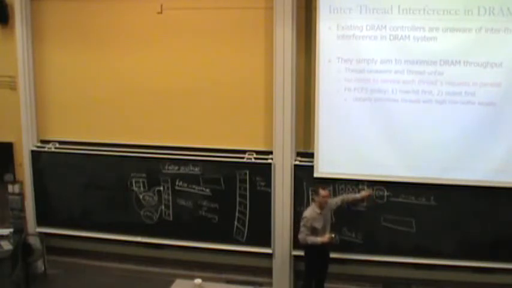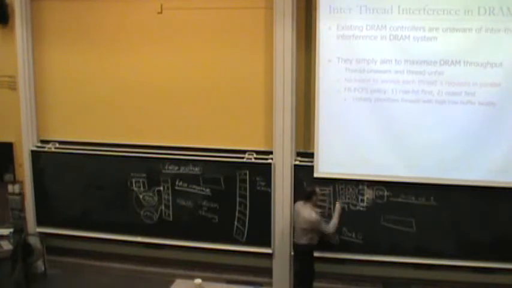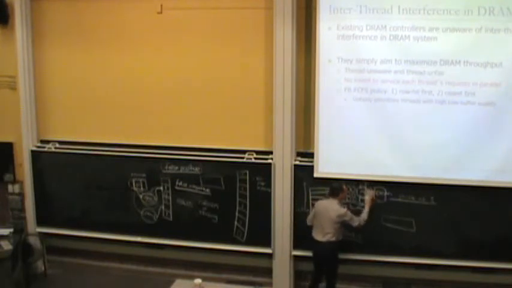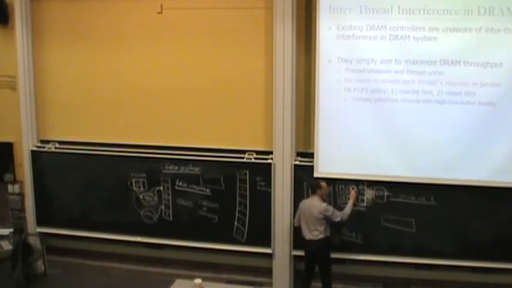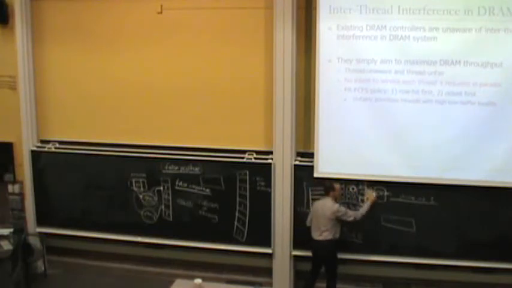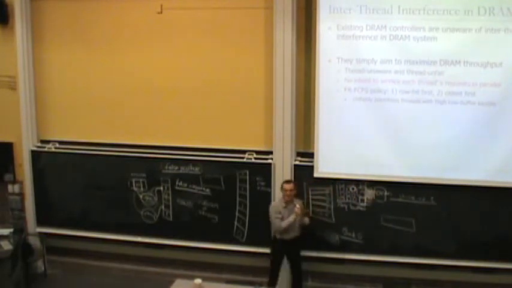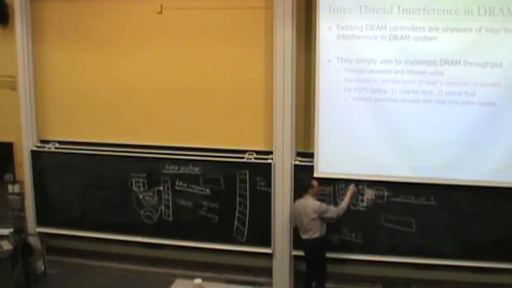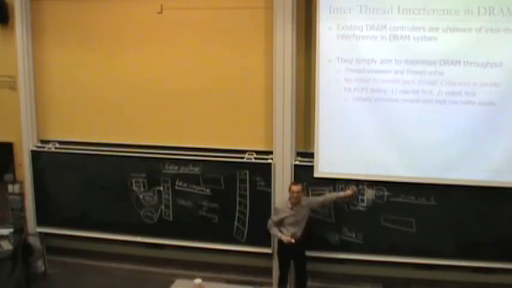You may want to reduce the amount of data throughput you get, but enable some cores to make more proportional progress. Because if you maximize the data throughput here, you may be prioritizing only one core that utilizes that data throughput really, really well. That was what happened with the stream. You can have only one stream here and a bunch of different randoms, and that stream will be the only thing that the system is executing at that point in time.